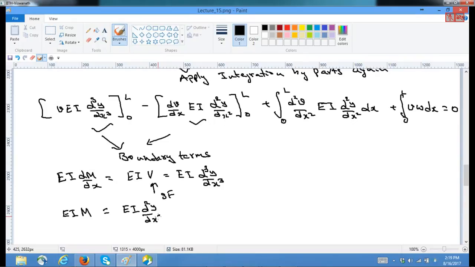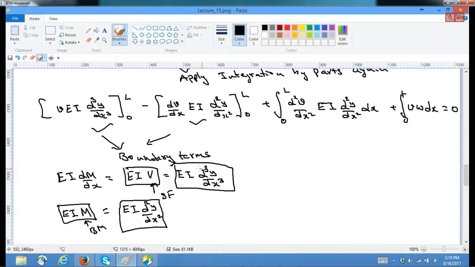This is the bending moment. So either you can mention the bending moment times EI, or you can mention EI times the shear force, or EI into this as the boundary conditions.